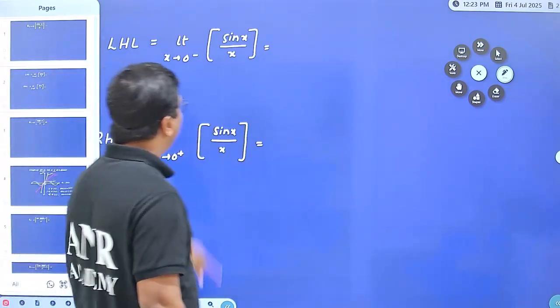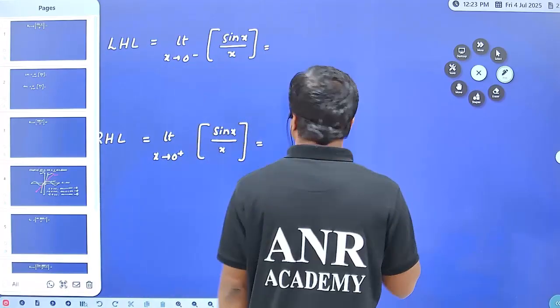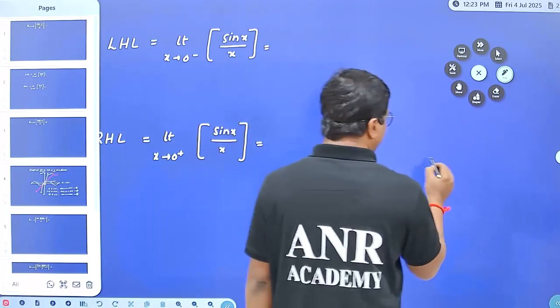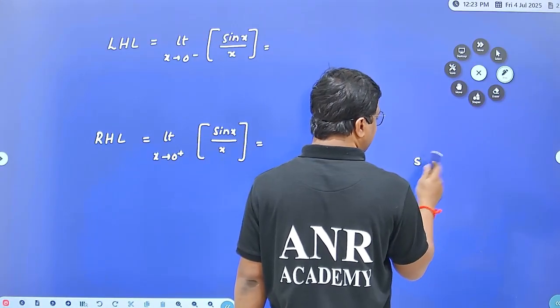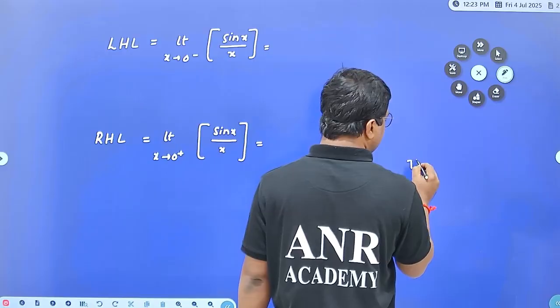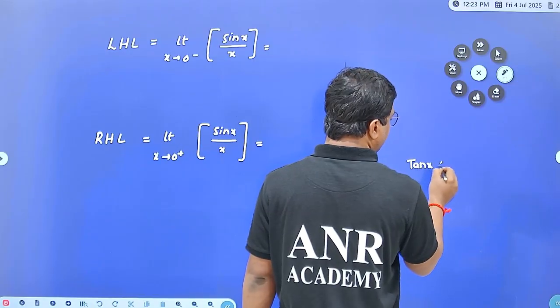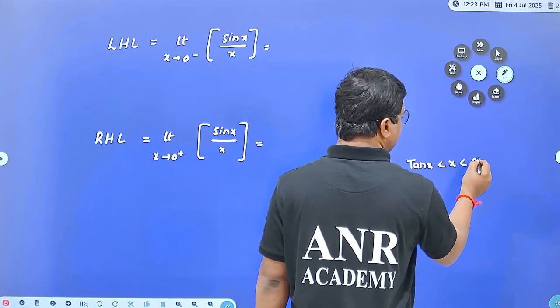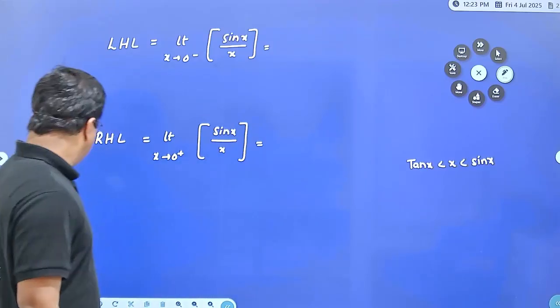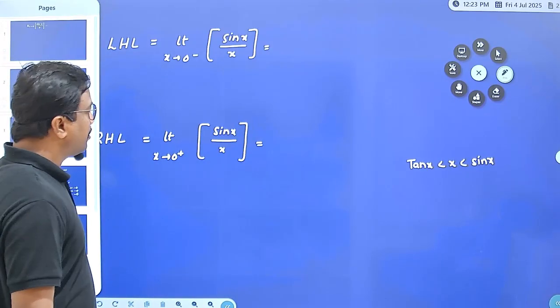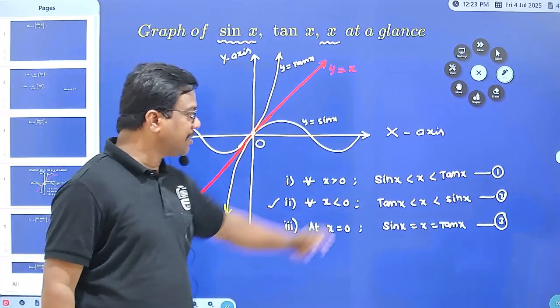To get the left hand limit, I am going to use the condition: on the left side tan x is least, then x, then sin x. Tan x less than sin x.